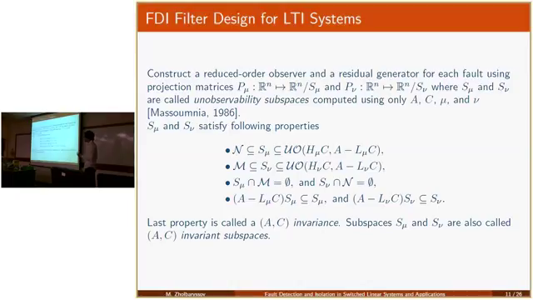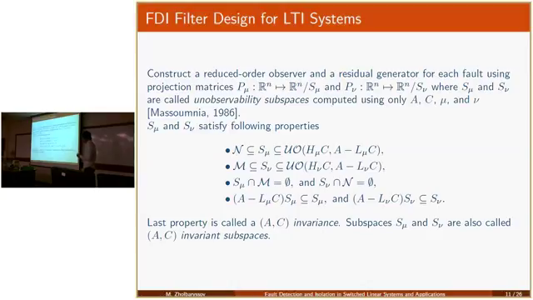The first 3 properties we can recognize. They ensure that each fault disturbance shows up in its corresponding residual generator, but does not show up in the second one.